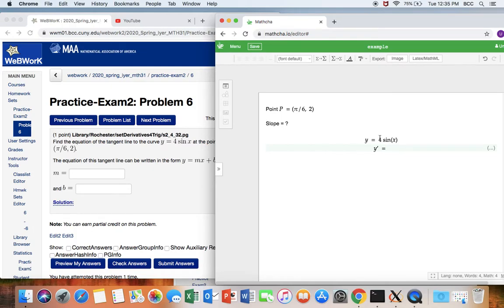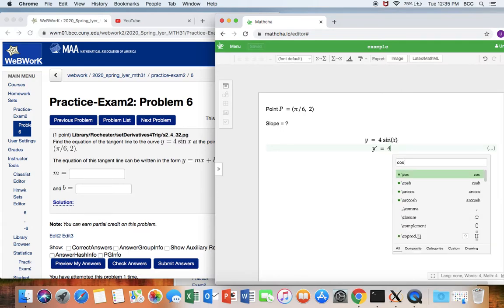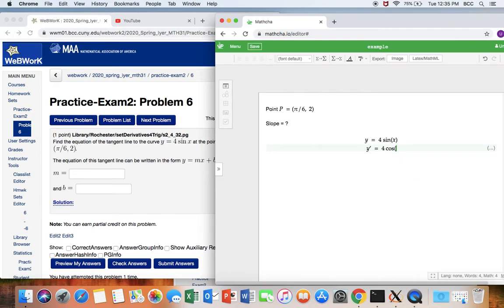So since 4 is simply being multiplied, we get the 4 down. Now derivative of sine is cosine. So we got the derivative. Now that is not the end of the game. You want the slope. Slope is derivative at your given point. So point x coordinate is pi over 6. That needs to be substituted.